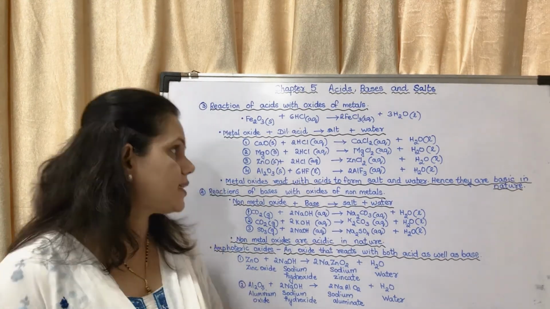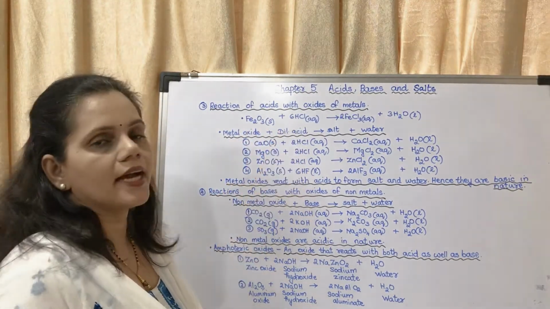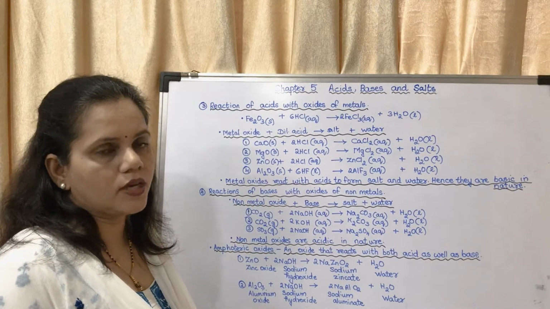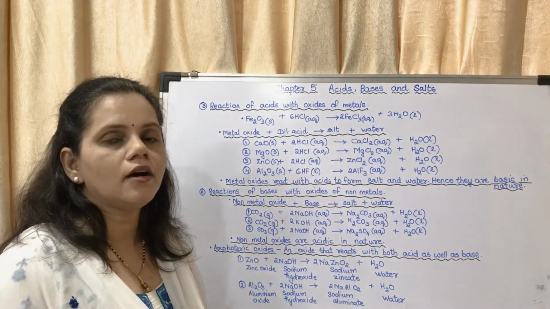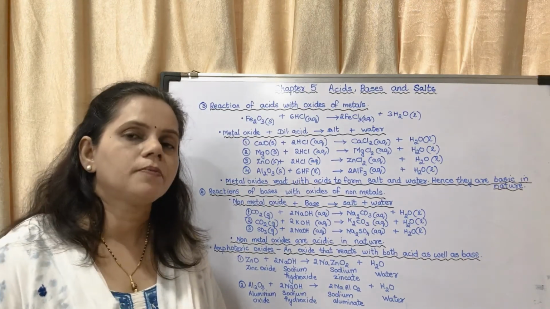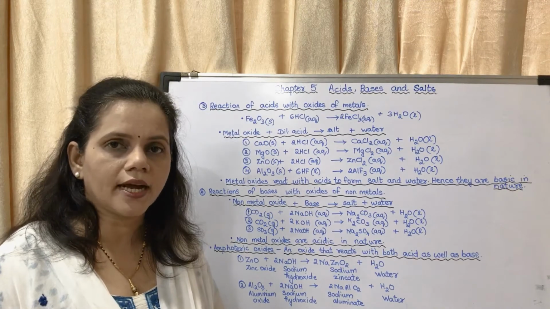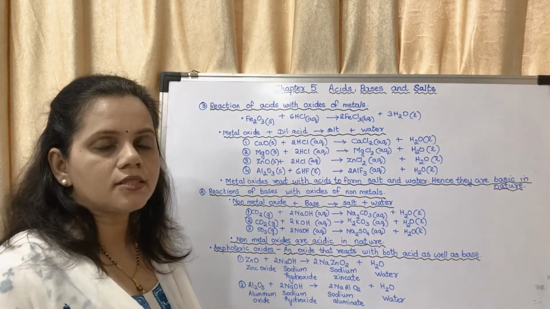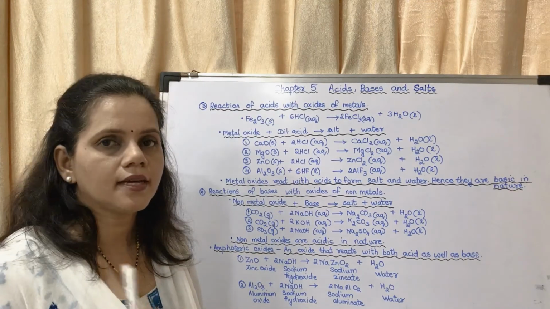Now the next is metal oxide. This is a metal oxide which is going to react with an acid. Metal oxide reacts with acid to form salt and water. Again I repeat, metal oxide reacts with acid to form salt and water. Salt and water is formed when acid and base react.